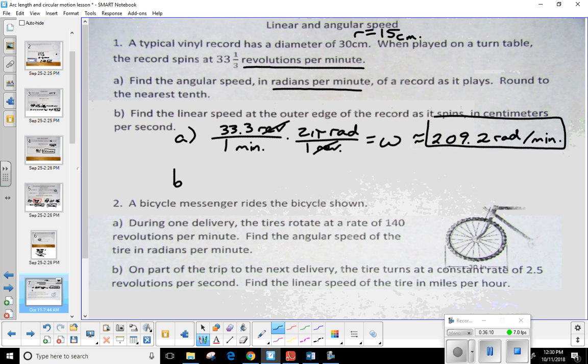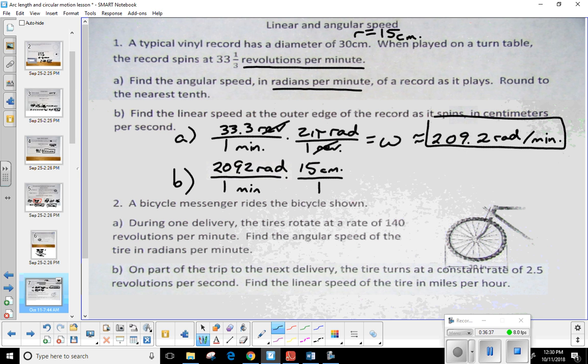So in B, I'm going to start with the angular velocity, 209.2 radians per 1 minute, and multiply it by the radius. When I do these types of problems, because a lot of times you're going to have more than one fraction, I always take the radius and put it over 1. So in this case, 15 centimeters over 1.